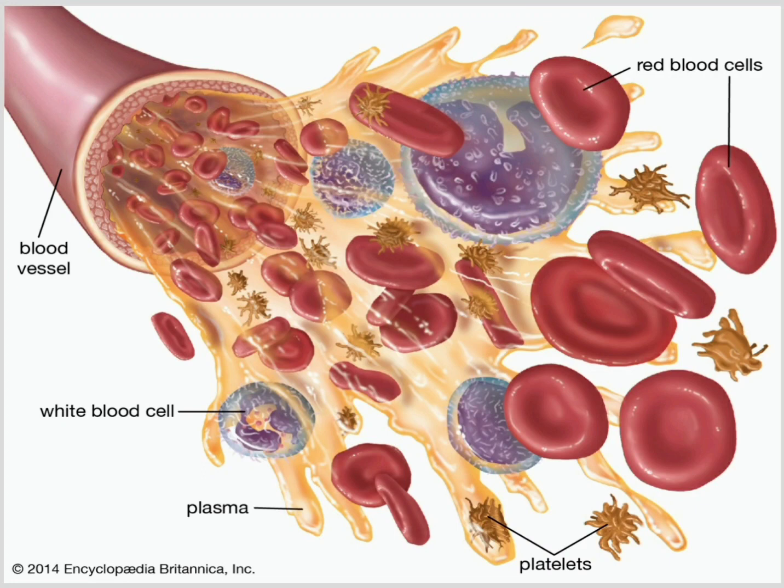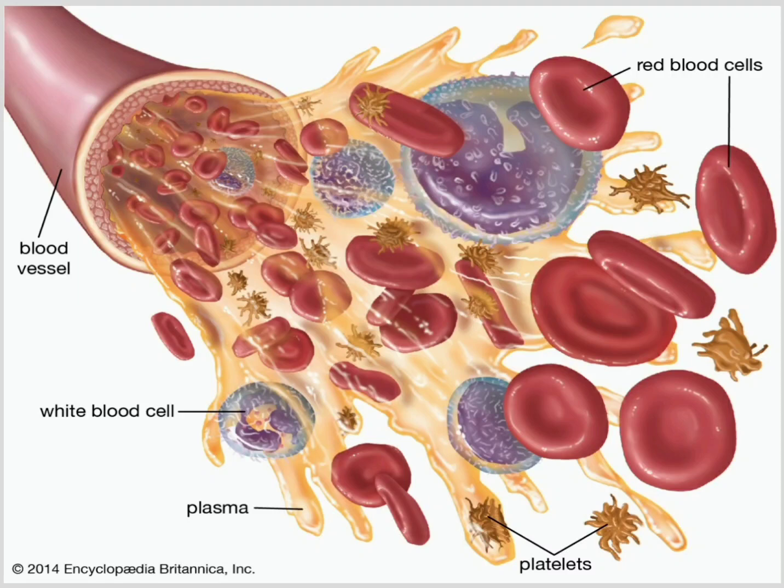Now, in a normal human being, there is 50 to 60 lakhs RBCs present in each cubic millimeter of blood. RBCs are produced in the red bone marrow and they can survive for about 100 to 127 days.